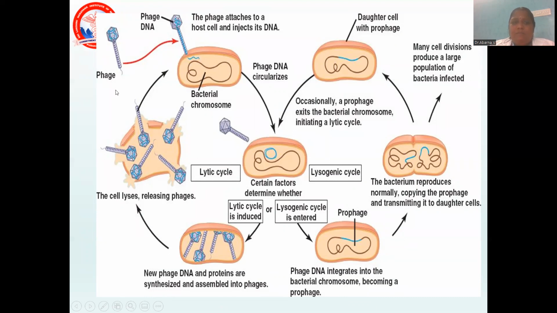When a virus, which requires a living cell for its replication, enters the bacteria, it injects its nucleic acid into the bacteria. When the nucleic acid is introduced into the cell, what does it do? It stops all the machinery of the bacterial cell. It stops all the functions and metabolism of the bacterial cell.